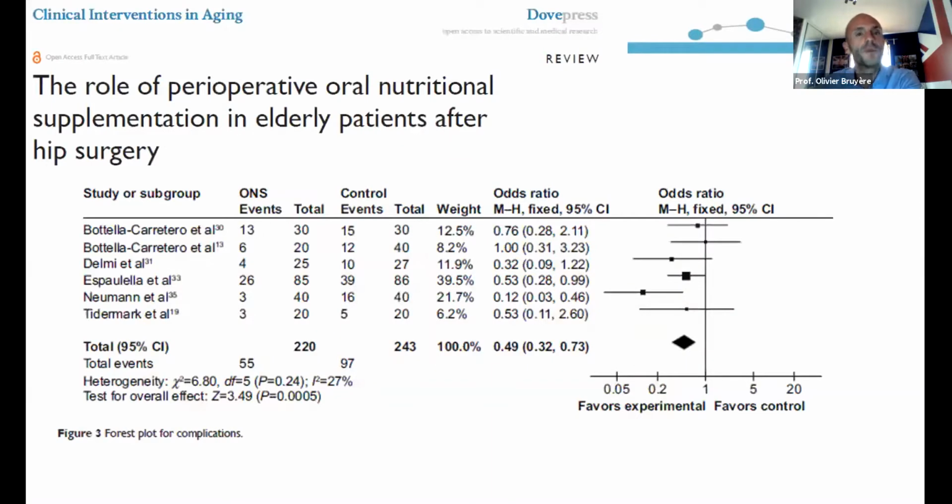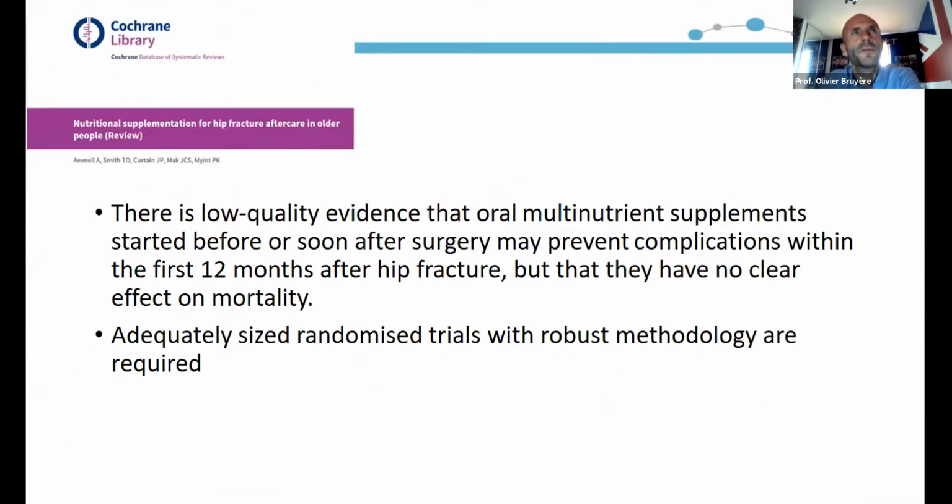However, we have some data suggesting that if we give nutritional supplementation just after a hip surgery, we are able to reduce some complications of the surgery. It was confirmed in another systematic review performed by the Cochrane group.